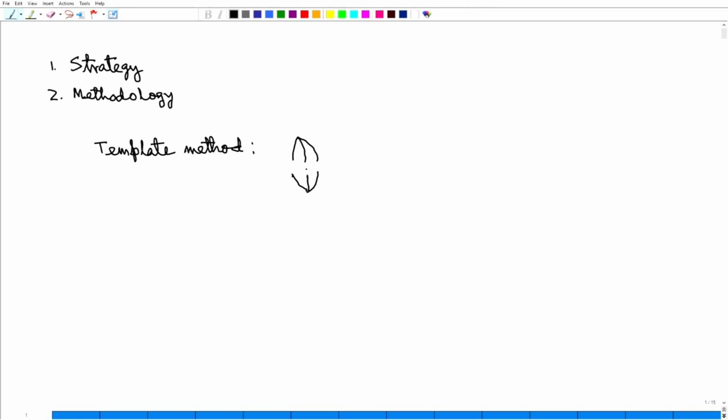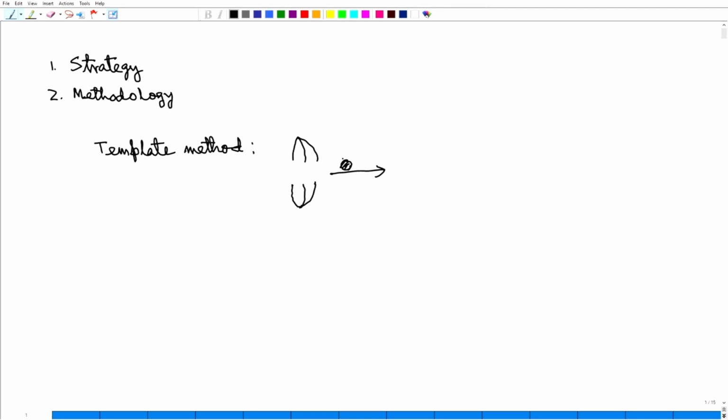We have to put a template, so that the template will bind, because they are far apart. If I put a template, I am writing the template as a metal ion, like this. This is my template, fine.